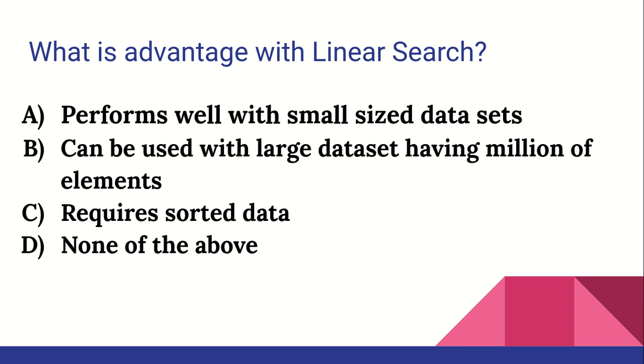But it performs well with a small sized data set, because the precondition for binary search is sorting, and to sort the numbers we again require some comparisons and time complexity. Linear search can be performed without any sorting. So if the data set is small, it can perform well. So here the answer is A.